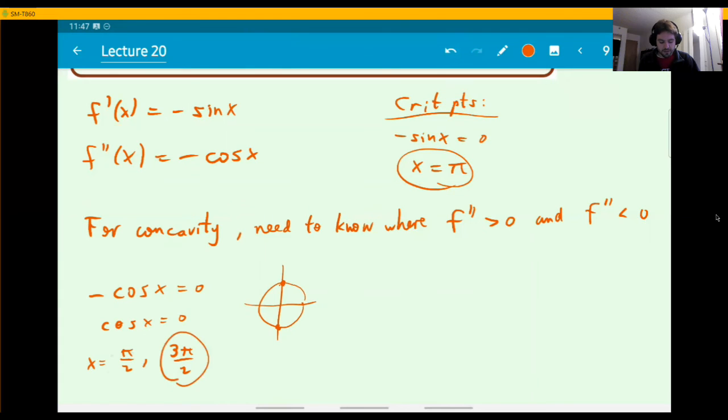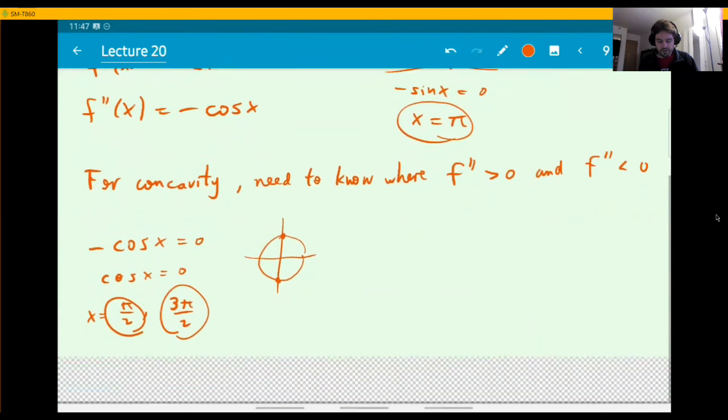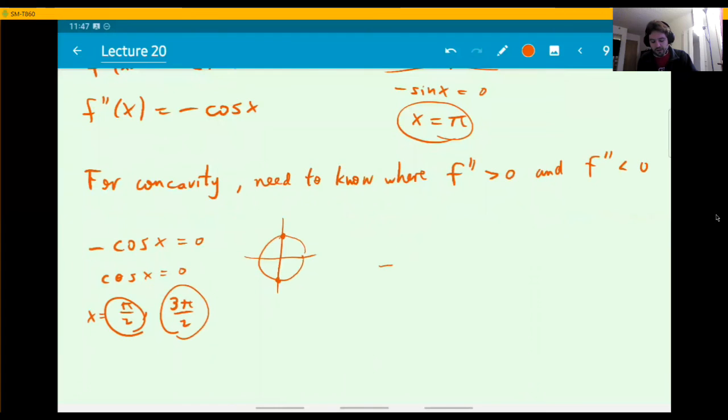So let's keep those three numbers in our analysis. In other words, let us divide the whole domain into these four pieces created by the three numbers, pi over 2, pi, and 3 pi over 2.